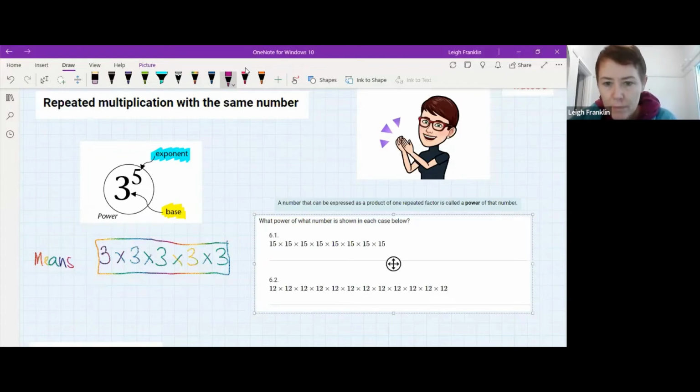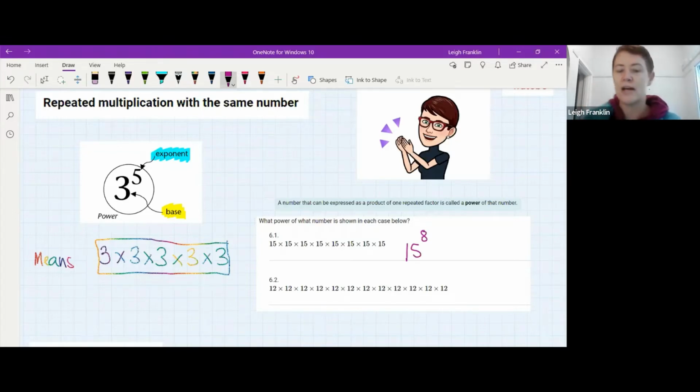I want to write 6.1 as a power or using exponential notation. 15 to the power of 8. Lovely. So 15, that's the base, to the power of 8. In other words, I am multiplying 15 by itself 8 times.